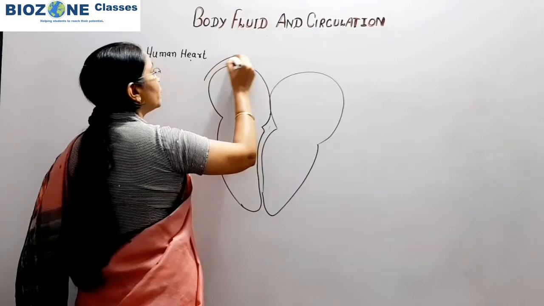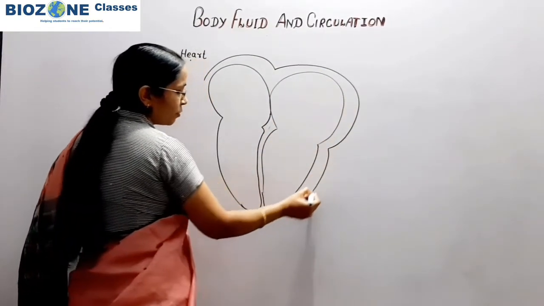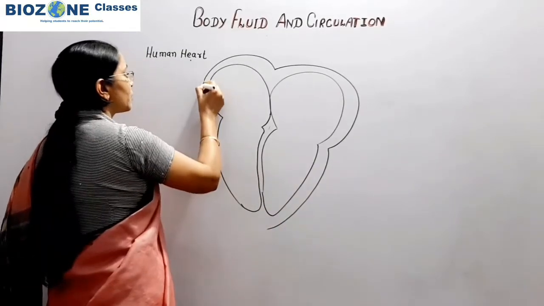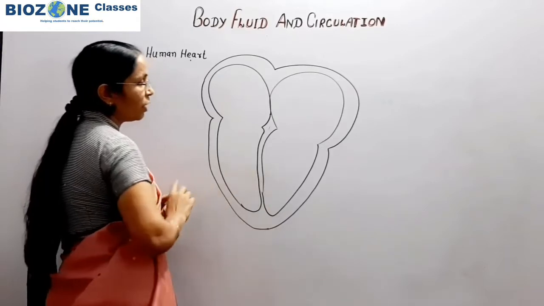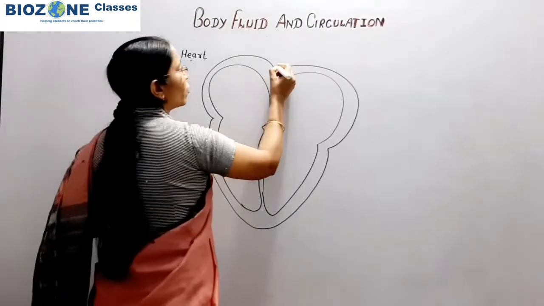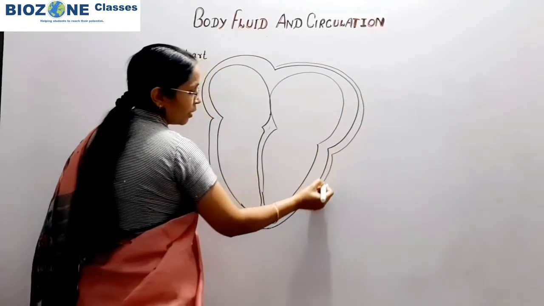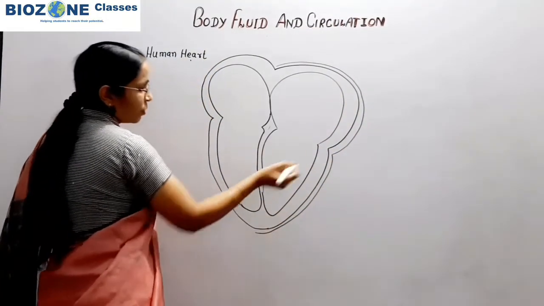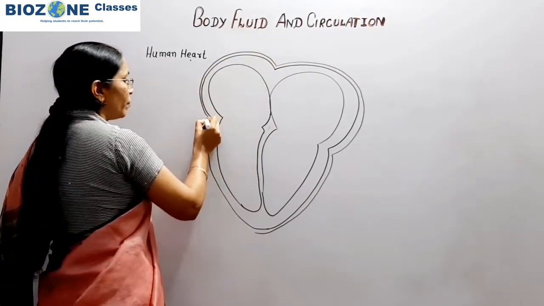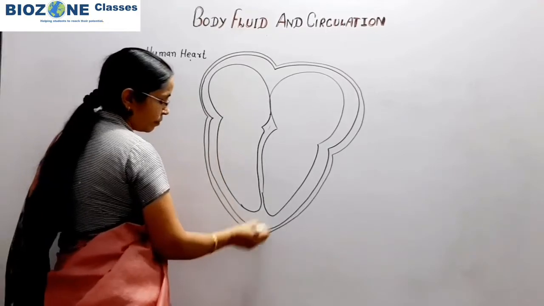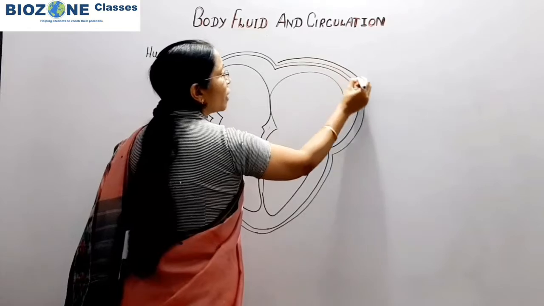Now the wall is present. The wall consists of three layers: endocardium, which we have drawn now, then myocardium, and then epicardium.